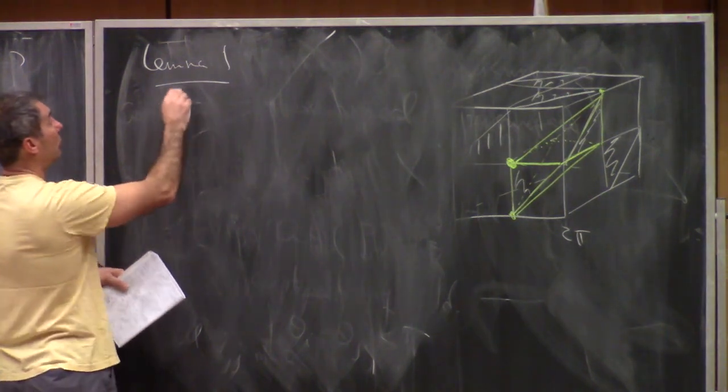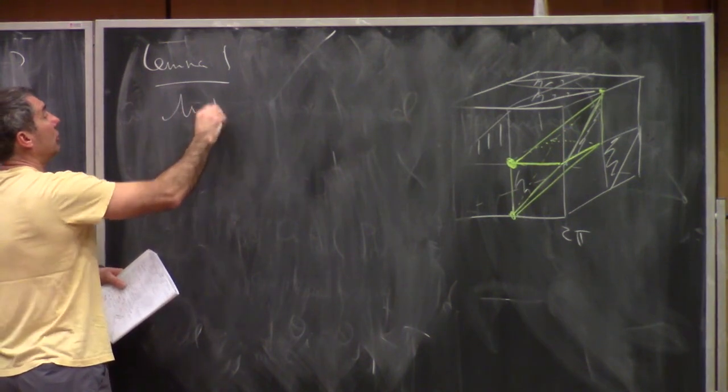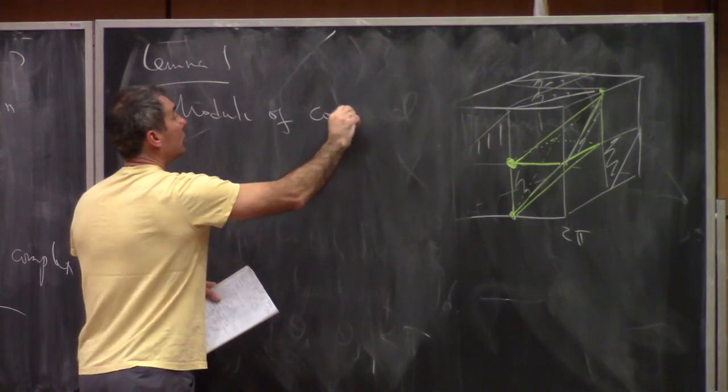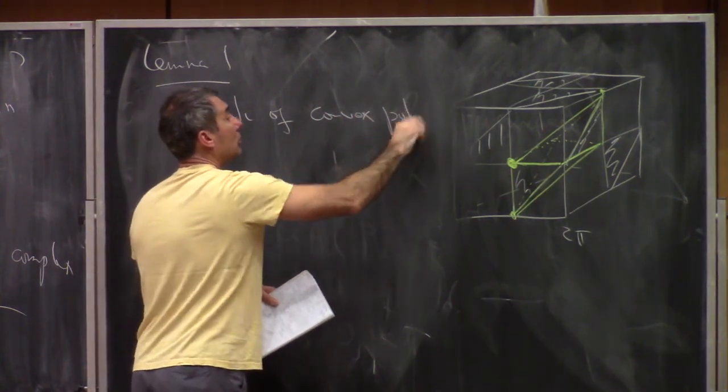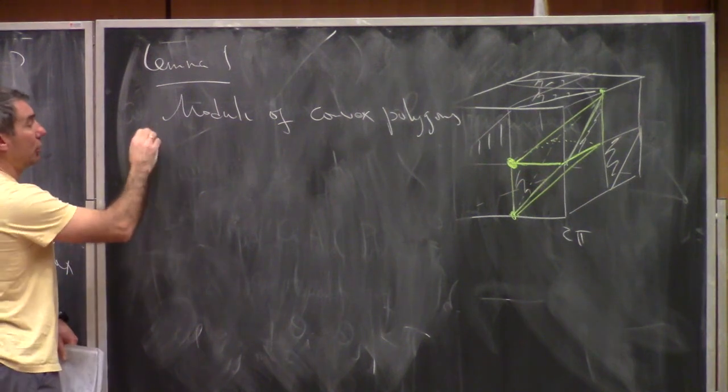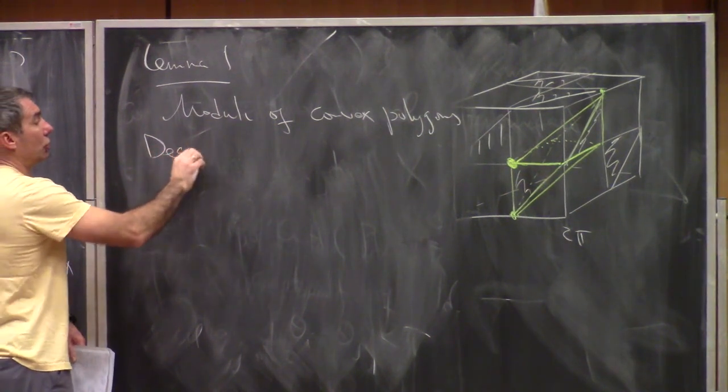So you take the moduli space of convex polygons. What are the allowed degenerations?